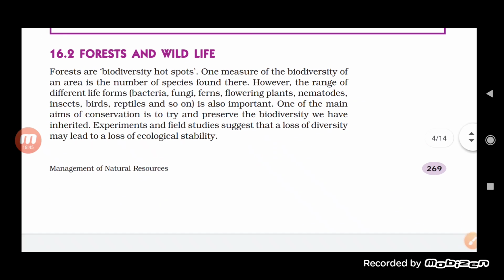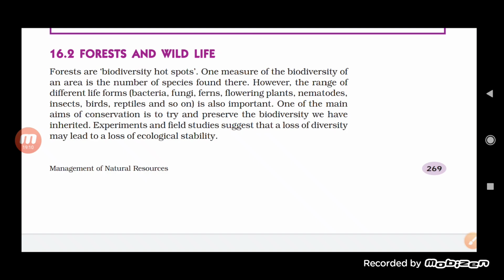Now, the forest and wildlife. Forests are called biodiversity hotspots. A hotspot, students, is an area consisting of a large number of species. So forest consists of a large number of plants as well as a large number of animals.